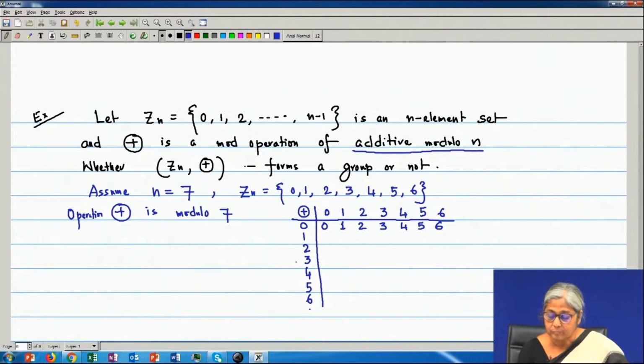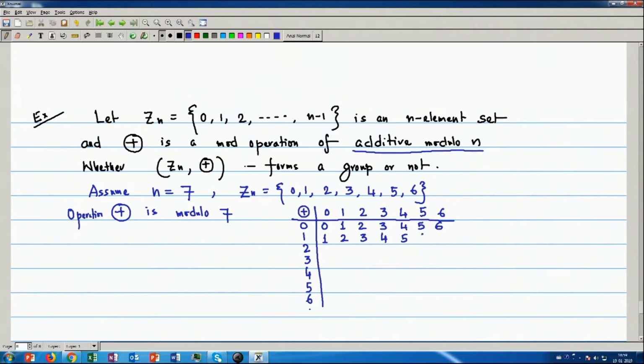Now, for 1 plus 0, this becomes 1, because 1 modulo 7 is 1, then 2, 3, 4, 5, 6.